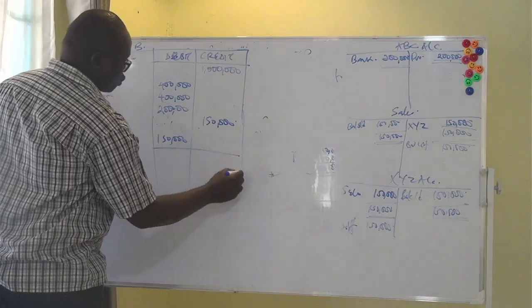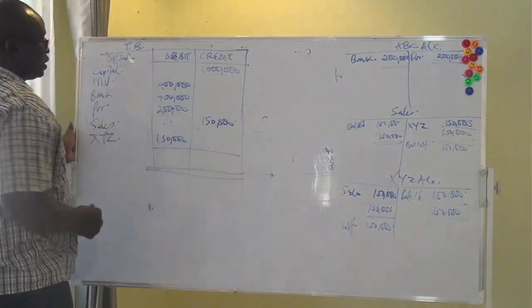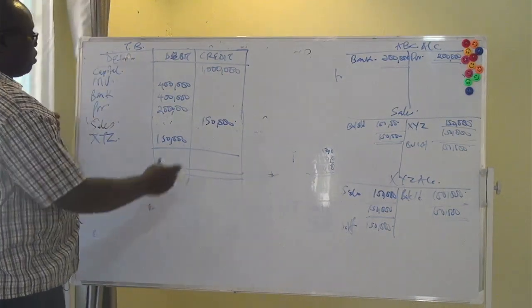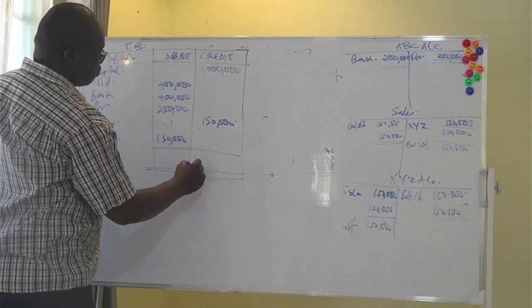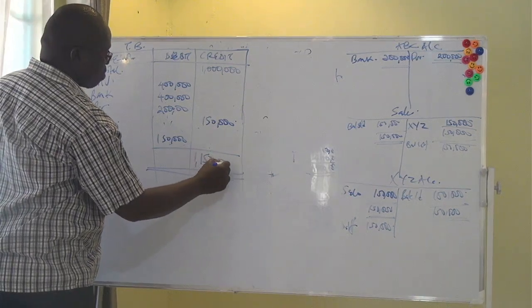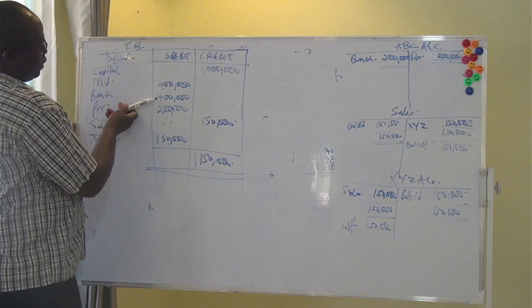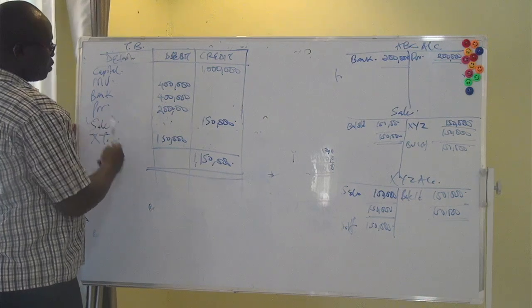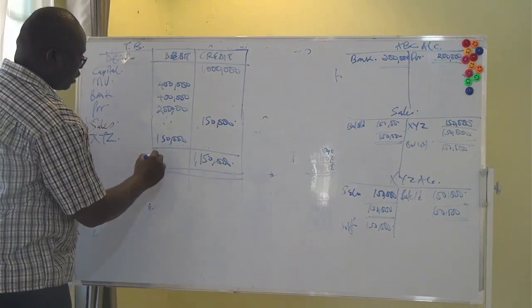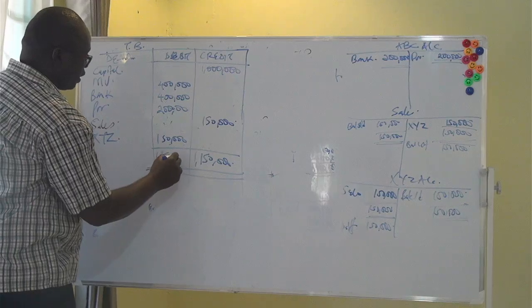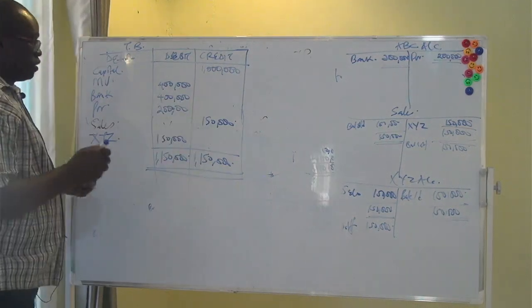Our next step is to ensure that our trial balance is balancing. When you add all this, it will be 1,150,000, and this will be 400, 400, that is 800, plus 200, that is 1 million, plus 150, that will be 1,150,000 shillings.